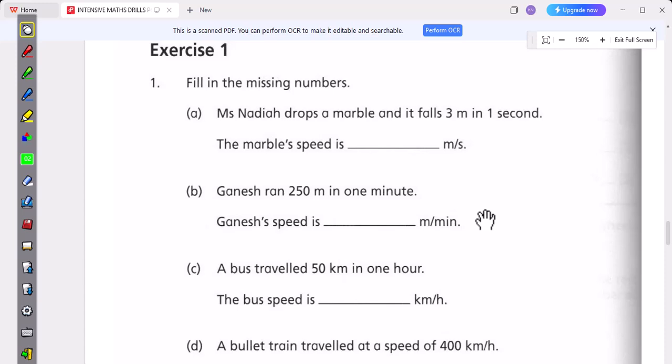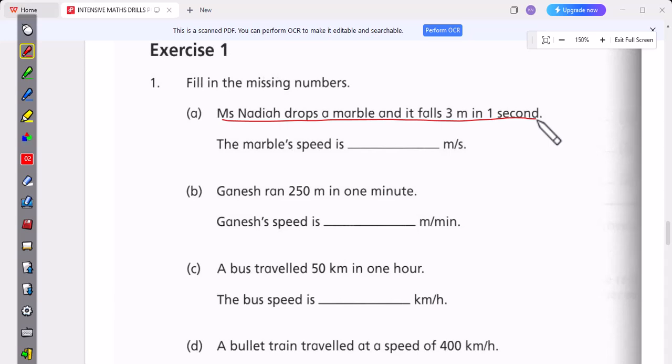Miss Nadia drops a marble and it falls 3 meters in 1 second. The marble speed is so. We can see from the first sentence, it falls 3 meters in 1 second.